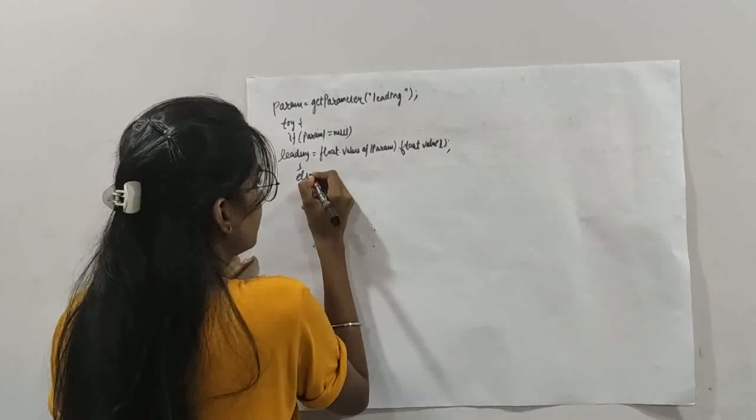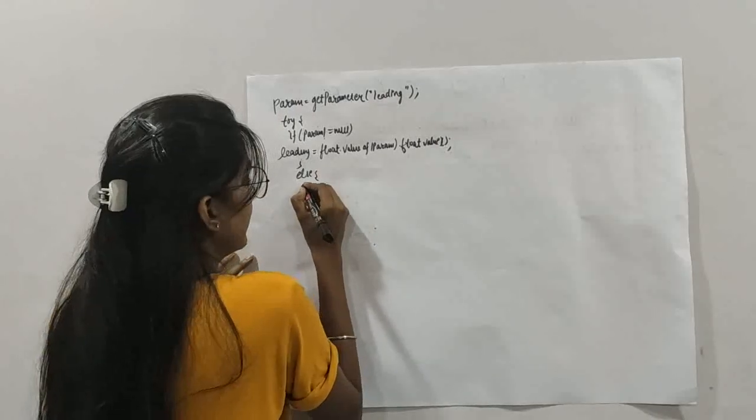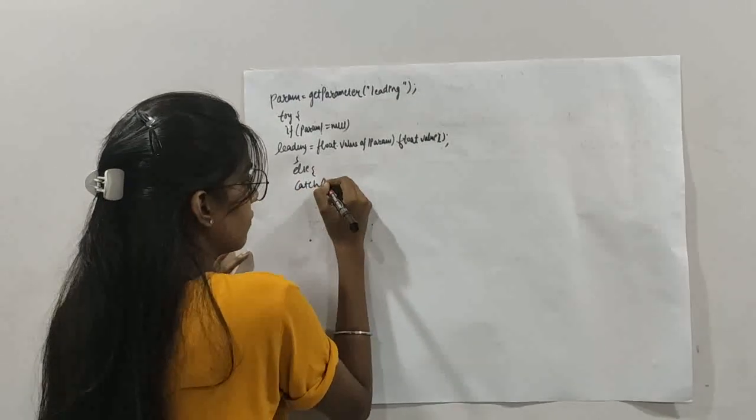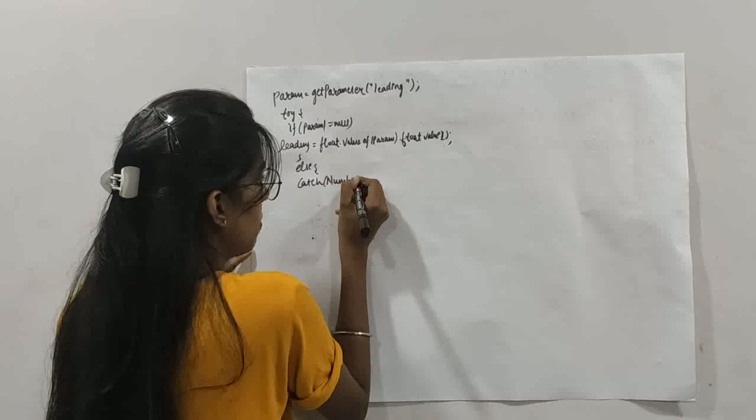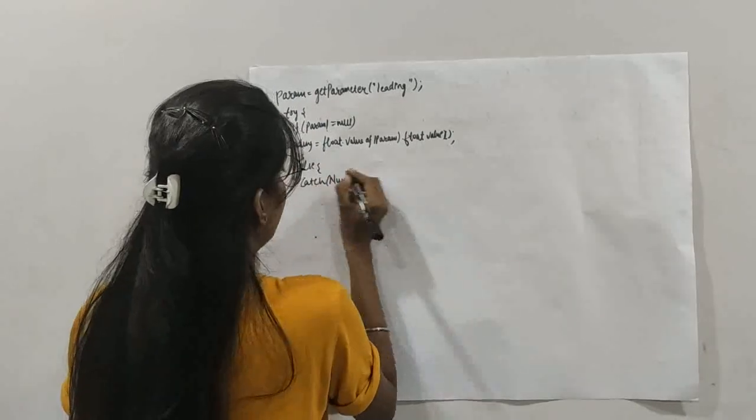Else, catch NumberFormatException, else leading equals 0.